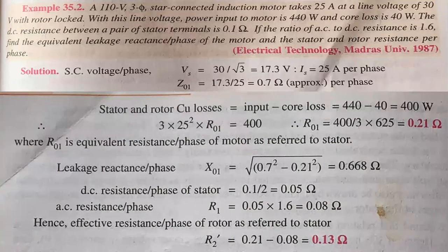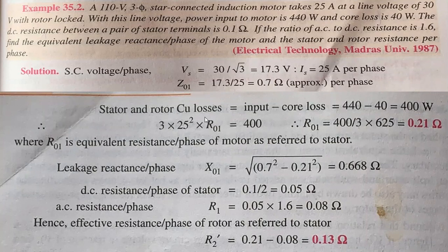We know that stator and rotor copper loss is 3I square R. From that, you have to find the equivalent primary resistance, because we have to find the equivalent leakage reactance X01. In the formula of X01, we need R01 and Z01. Z01 is found here. Next we have to find R01, which is simply the equivalent resistance of the stator.